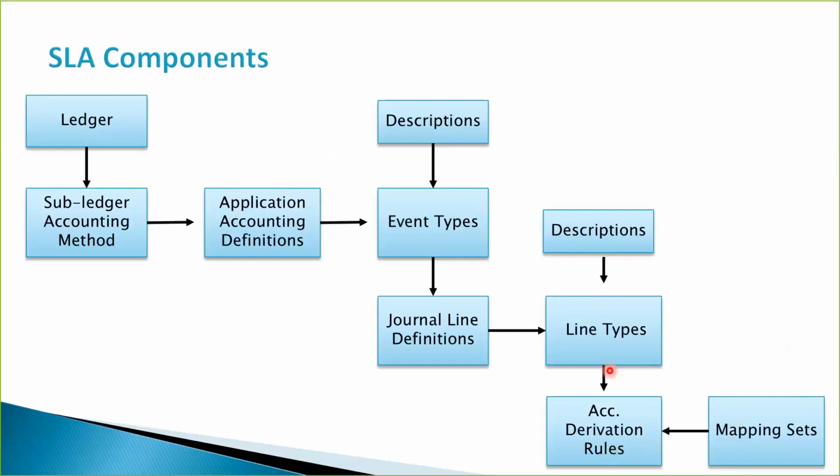The overall concept is the same in terms of the event types, the journal line definitions, what they are, and the purpose that they serve for the other subledger modules. But since we are familiar with AP, that's what we are going to be using for our demonstrations and our examples. As we cover more modules, maybe we'll take a small look at each of these components for the other modules. But for now, we are going to deal with AP.